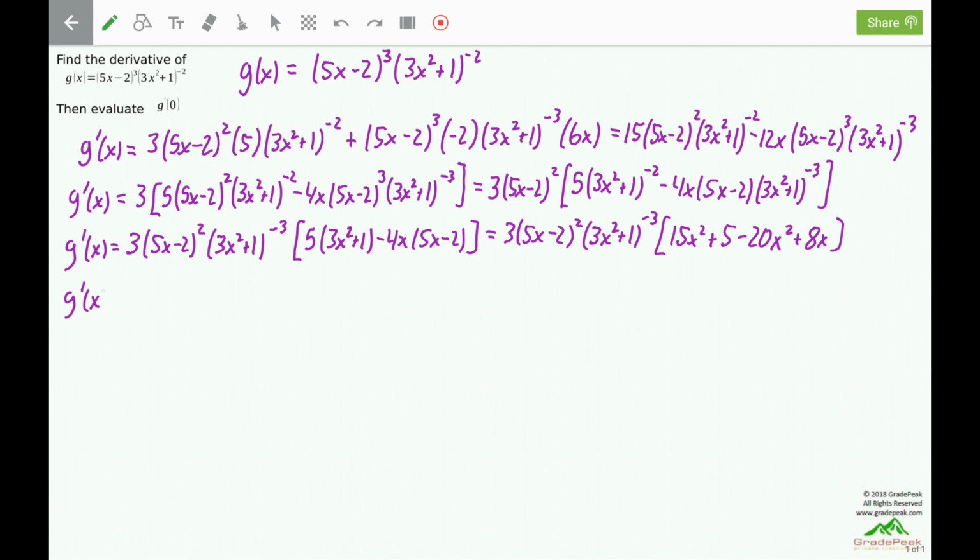So g prime of x equals 3 times 5x minus 2 squared times 3x squared plus 1 to the negative 3 times.